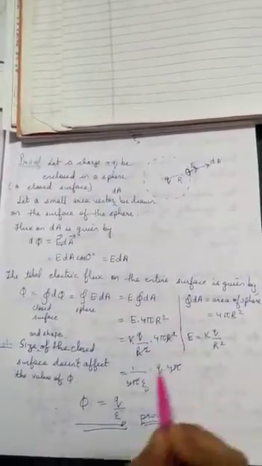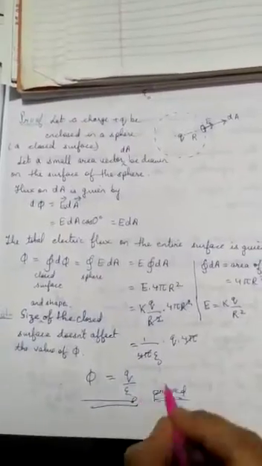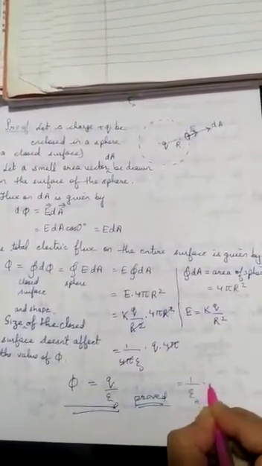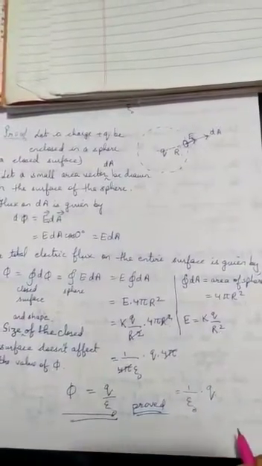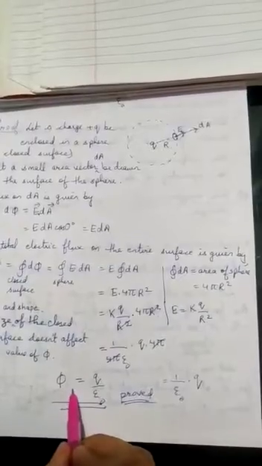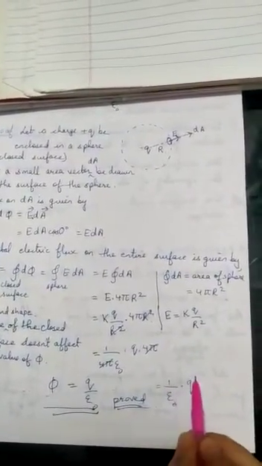When you cancel all this, you will get phi is equal to q by epsilon naught, which can be written as 1 by epsilon naught times q, which is nothing but Gauss theorem, which states that the total electric flux through the closed surface is equal to 1 by epsilon naught times the total charge enclosed by the surface.